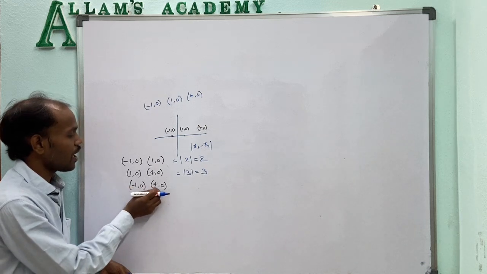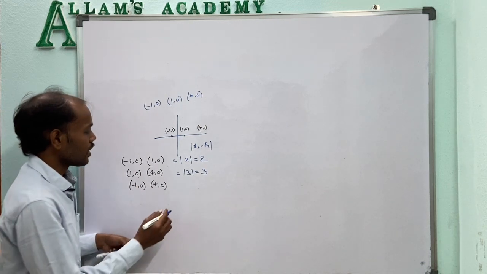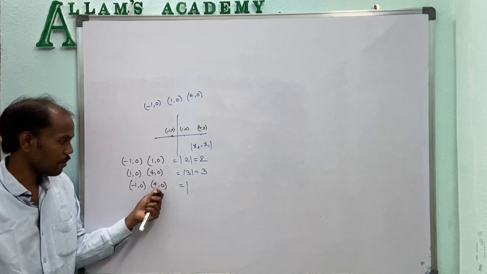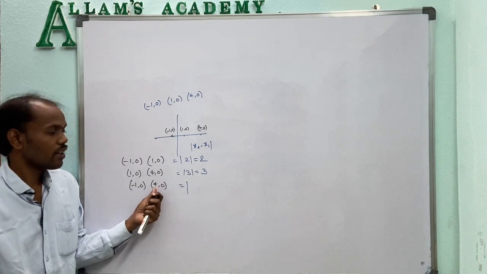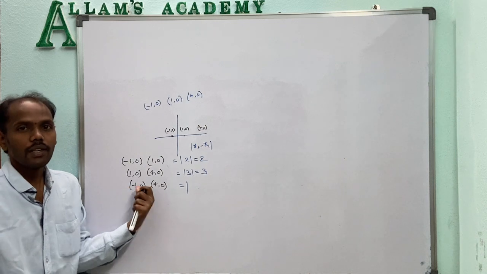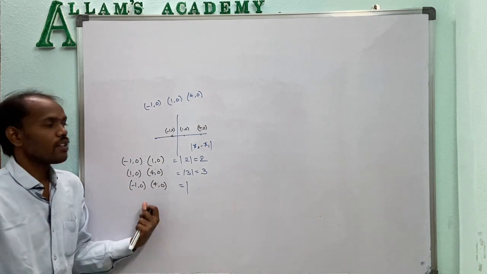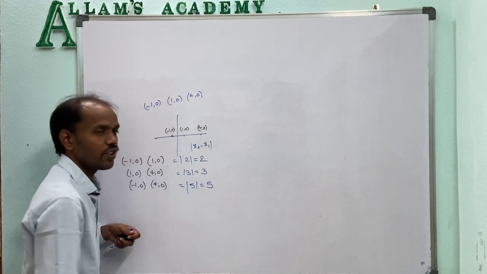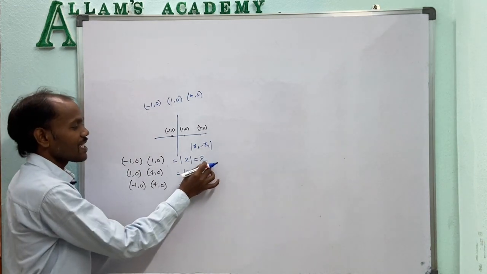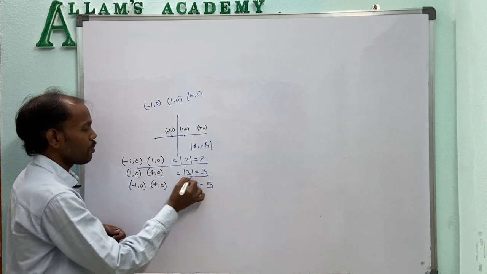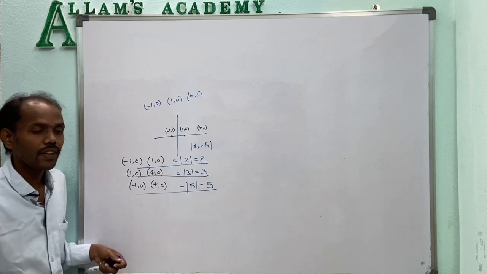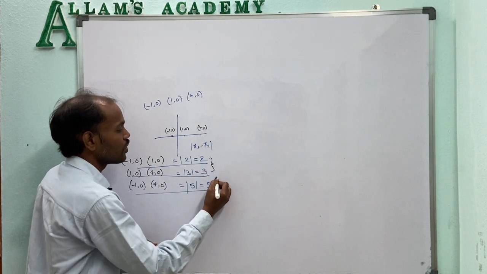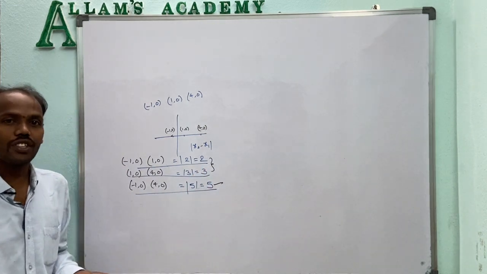Now between -1, 0 and 4, 0, the distance is mod x2 minus x1. So 4 minus of minus 1, minus of minus 1 is plus 1, so 4 plus 1 equal to 5, mod 5 equal to 5 units. Now observing the distances between each pair of points, we can see that the sum of 2 plus 3 units is equal to 5 units.